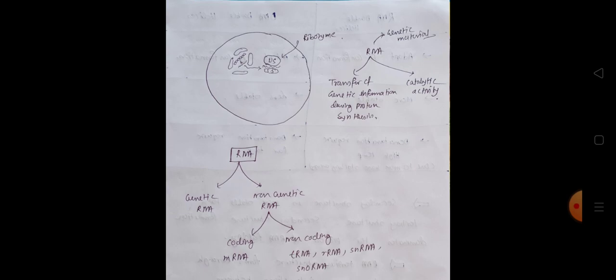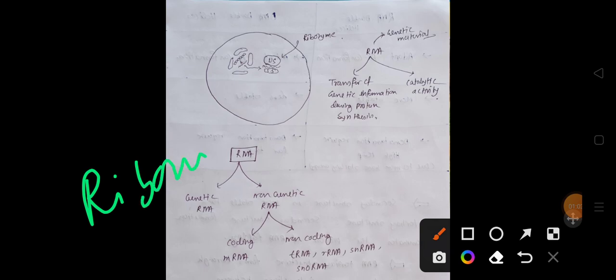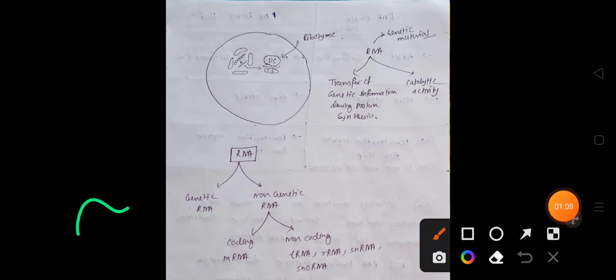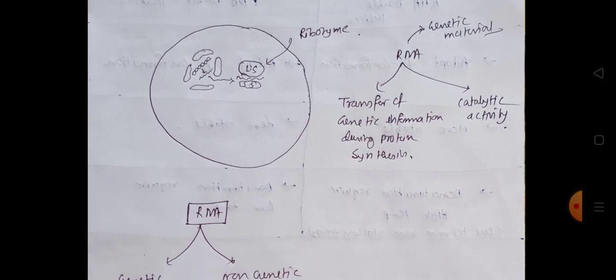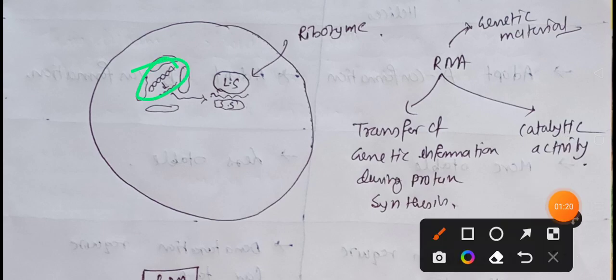So what is RNA molecule? The full form of RNA is ribonucleic acid, right? So where does it come from? It comes from the DNA molecule by the process called transcription, right? Remember one thing, that the DNA molecule which is in the nucleus is the genetic material of us, right?